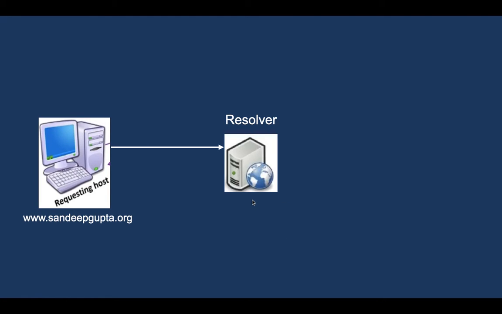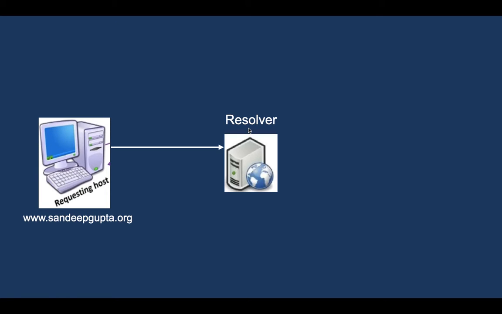Now what exactly is it? If you are on the internet, then obviously you must have some internet service provider. This internet service provider could be a company like Vodafone or Airtel or anything else. Now these companies maintain a server called a resolver, and within that resolver it has its own DNS cache.